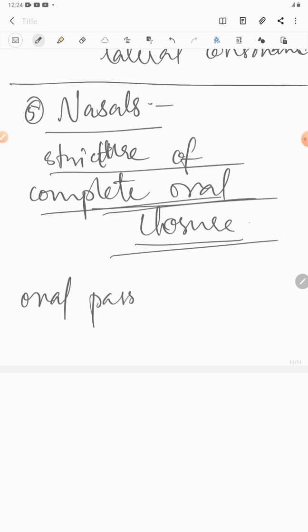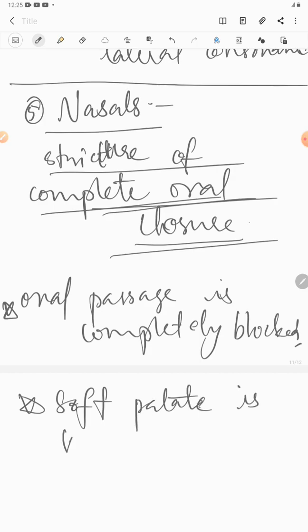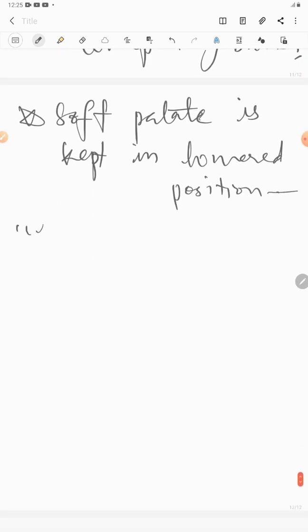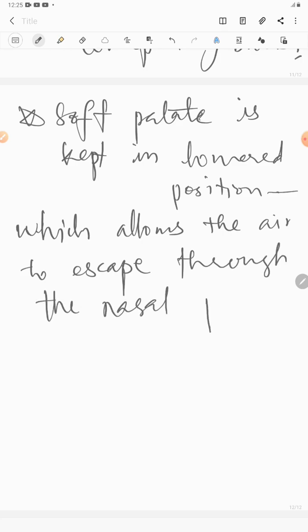The oral passage is completely blocked. Then the soft palate is kept in a lowered position, which allows the air to escape through the nasal passage or nasal cavity.